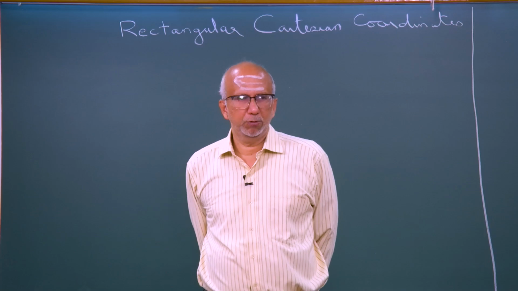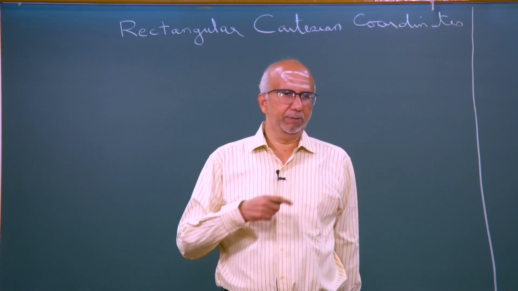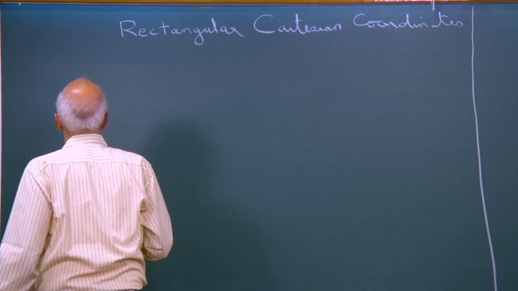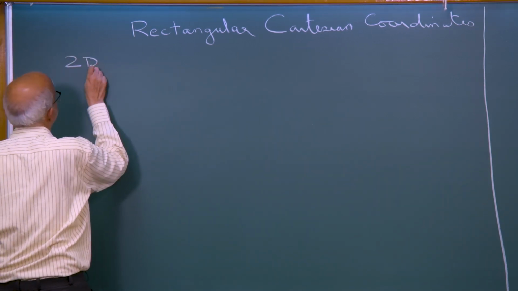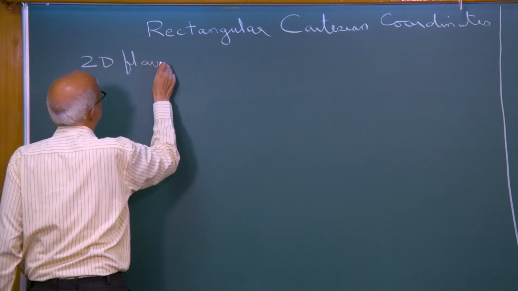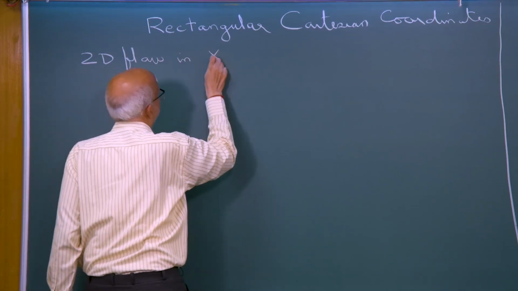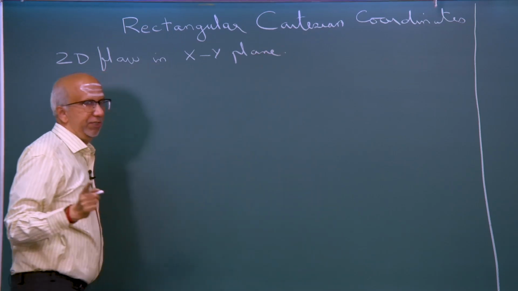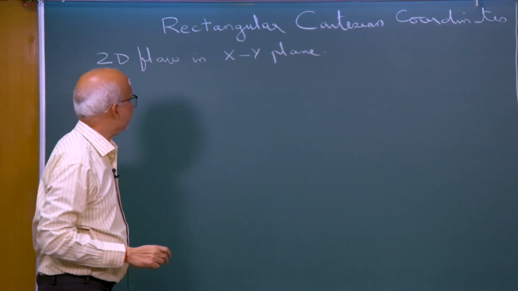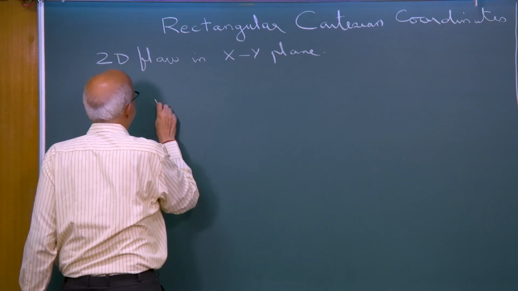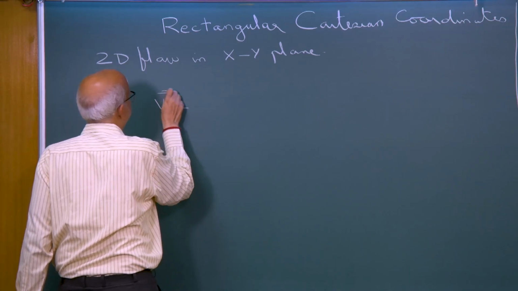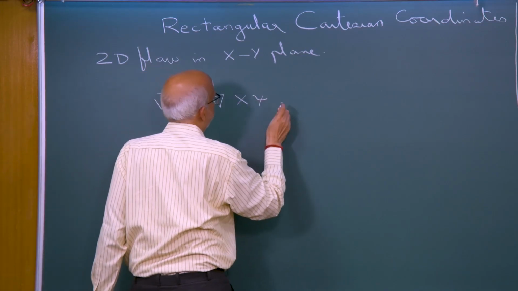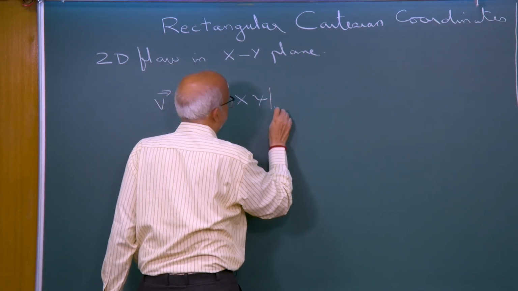But now I want to say, given a stream function, how can I get the velocity field mathematically? So, consider a 2D flow in xy plane. That means there are two velocity components, okay, and we write the velocity vector v as curl of psi ek.